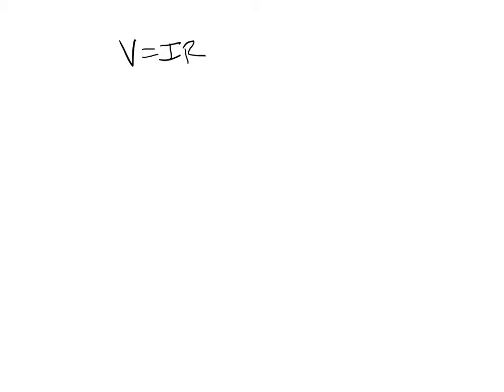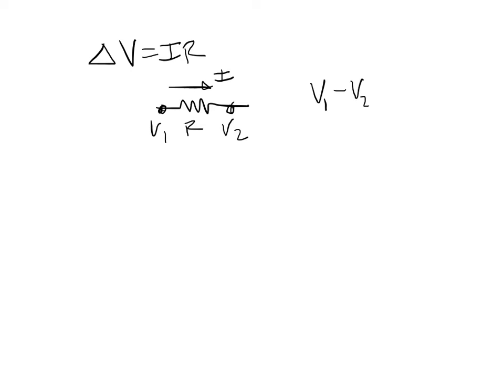Now this is good to know, but students often use this incorrectly because they don't remember that it should be delta V equals IR, or the voltage drop across the resistance is equal to the current times the resistance, such that V1 minus V2 is equal to IR.